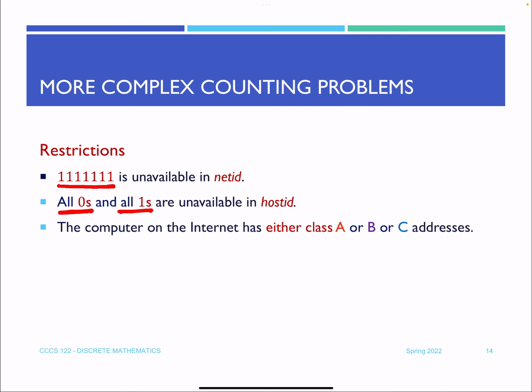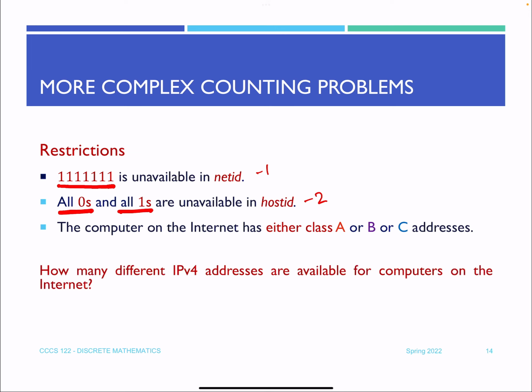So basically, -2 options and -1 option over here. So the question is, the computers on the internet have either class A, class B, or C addresses. How many different IPv4 addresses can we make for computers on the internet?